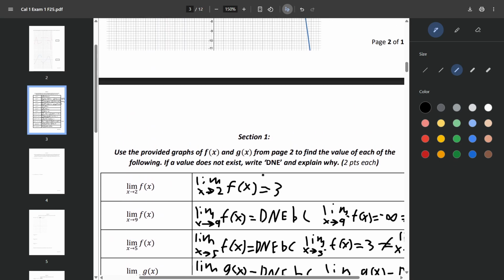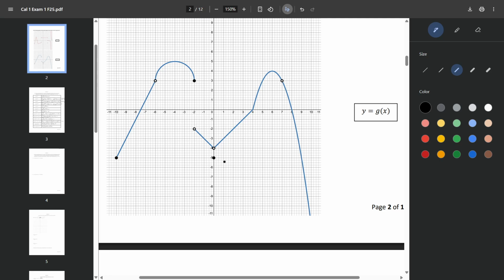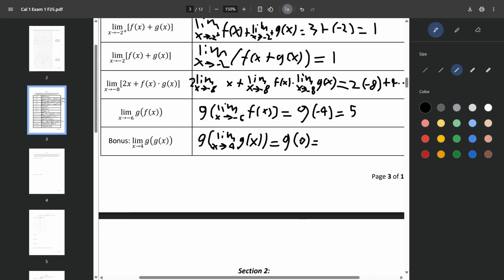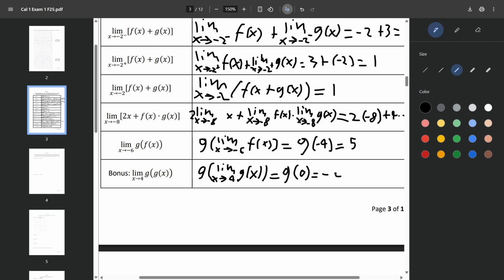So whilst our graph does have a g of 0, our answer will not be -5. It will instead be -4, as our number isn't 0. It is simply approaching 0. And so our answer for this question will be -4.